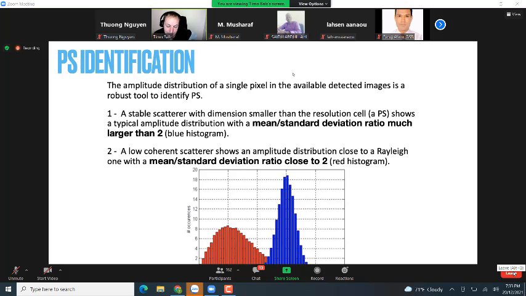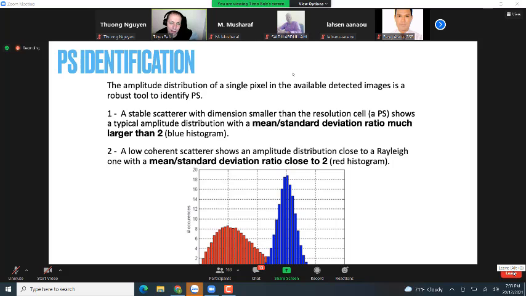We say these are PS points, or actually typically at that very early stage we call them PS candidates, because we are not sure yet if they're really stable points, but we say, well, that's a pretty good candidate to be a PS point.